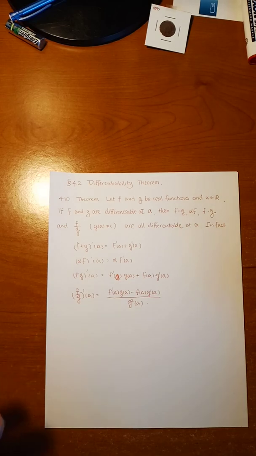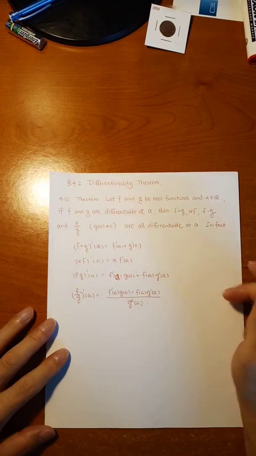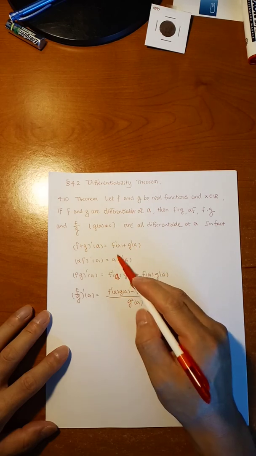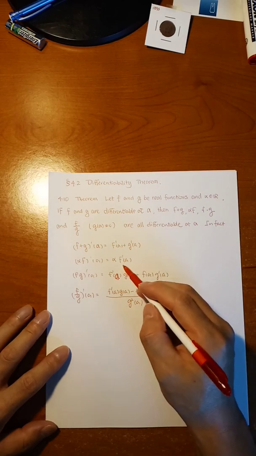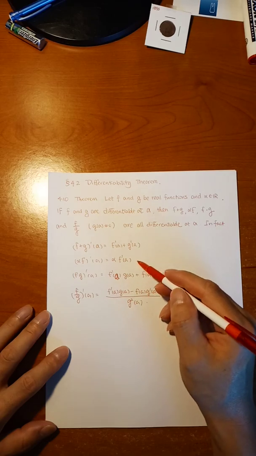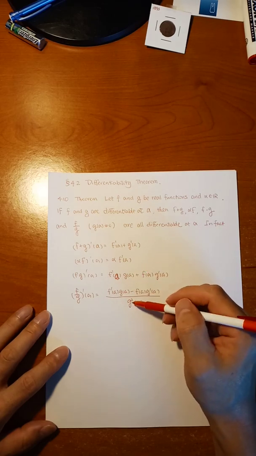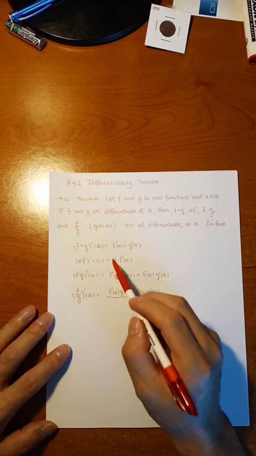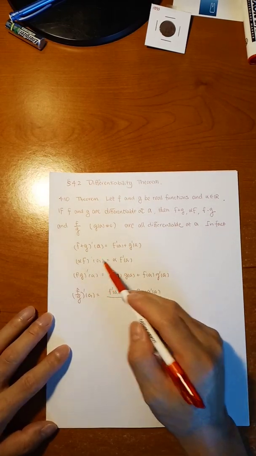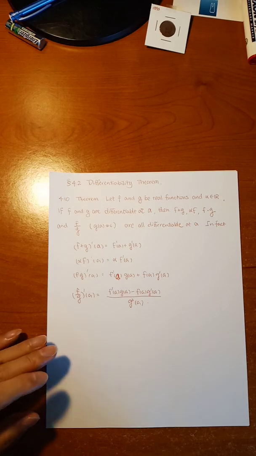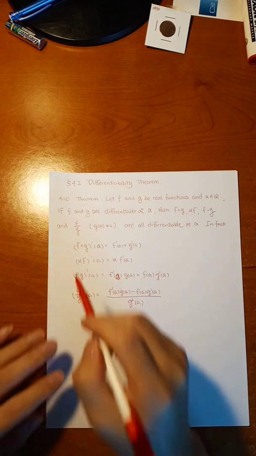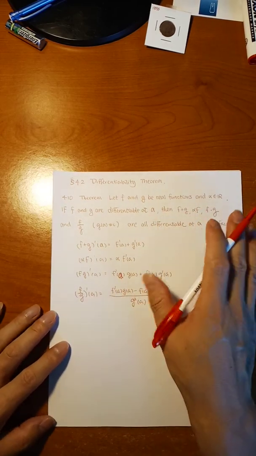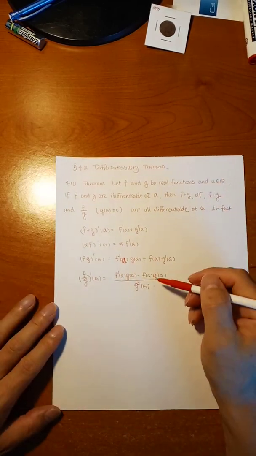Okay, so we're going to prove one of them. We're going to prove the quotient rule. Normally we say sum rule, difference rule, scalar coefficient rule, product rule, quotient rule. We always say five, but actually the difference rule can be derived from the sum rule plus the scalar coefficient rule. You just consider alpha as -1, so you get the difference rule. So in this list, we don't list the difference rule.